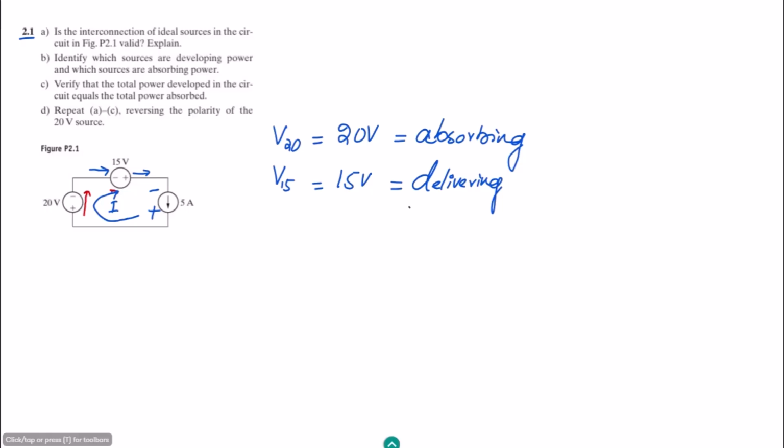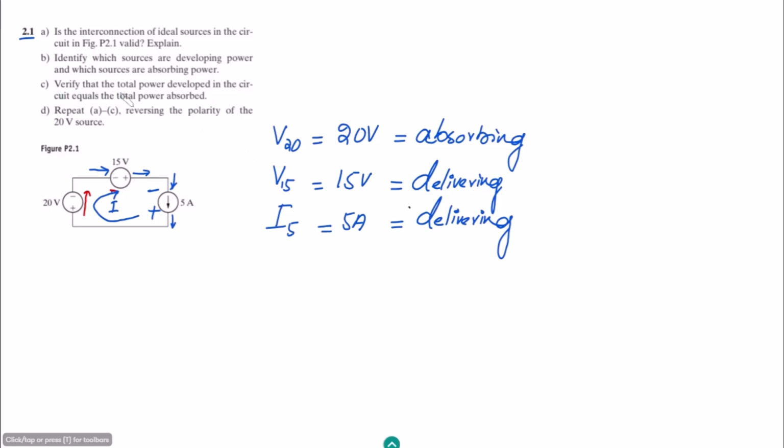So this is positive, this is negative for the current source. You should also keep in mind that this should be the polarity here if nothing is given. Here again the current is entering through negative and coming out of positive. So this I of 5 amperes is also a developing or delivering source. So these three are explained here.